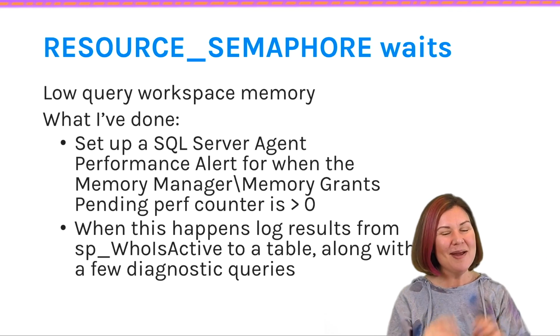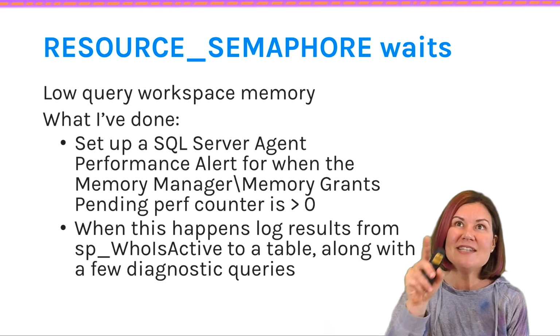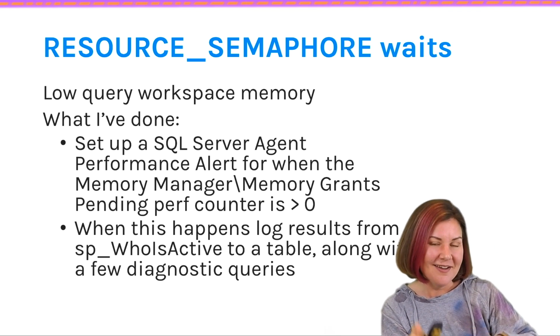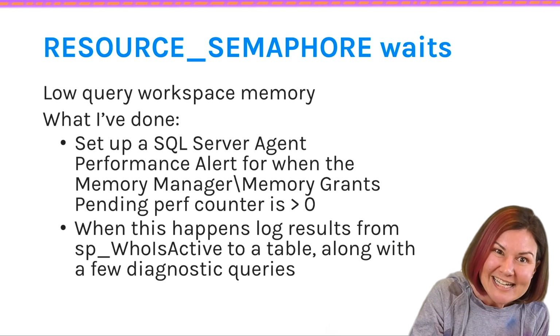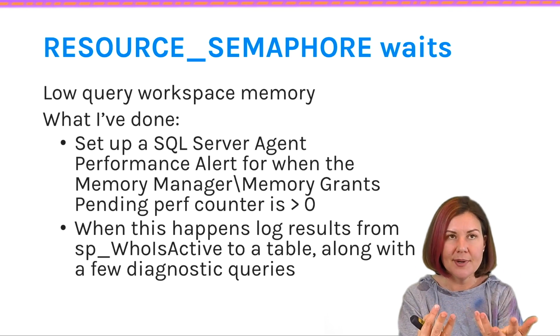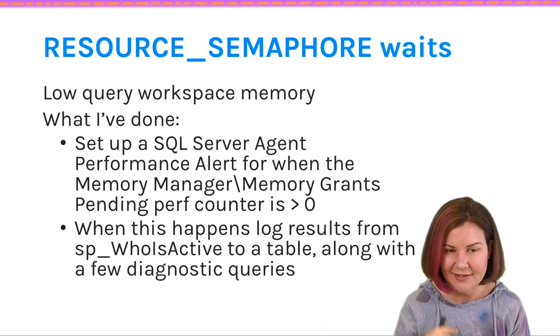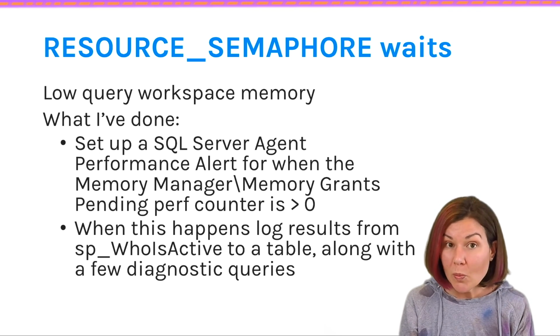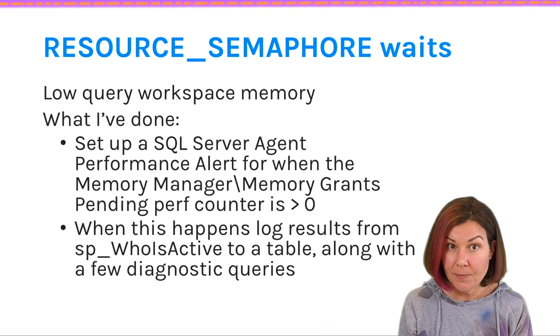I was like, am I remembering the right counter? Memory Grants Outstanding are grants that have been granted and they just aren't done yet. Memory Grants Pending is in fact the ones where I've asked for my grant, but I haven't gotten it yet. So I set up an alert for when that counter was greater than 0.